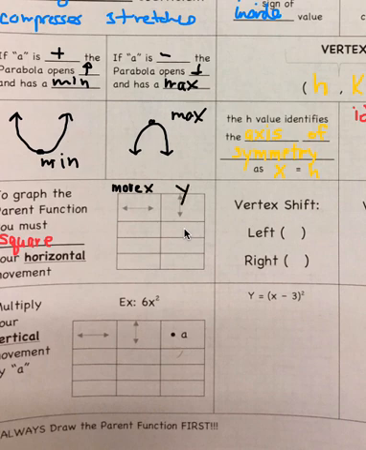Whenever I'm graphing and I move right of the vertex 1, 2, or 3, I always have to square my vertical movement. 1 squared is 1. 2 squared is 4. 3 squared is 9. So when I'm moving 1 point to the right of the vertex, I move up 1. When I move 2 points to the right, I move up 4. When I move 3 points to the right, I move up 9.